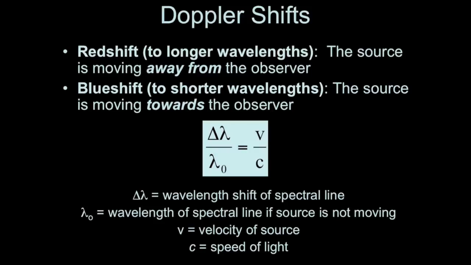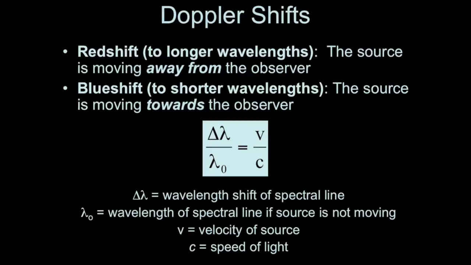If we want to look at this more quantitatively, then we can use the Doppler shift mathematical relationship to do so. Here's how it works. The wavelength of the particular spectral line in a photographic spectrum is represented by the Greek letter lambda.